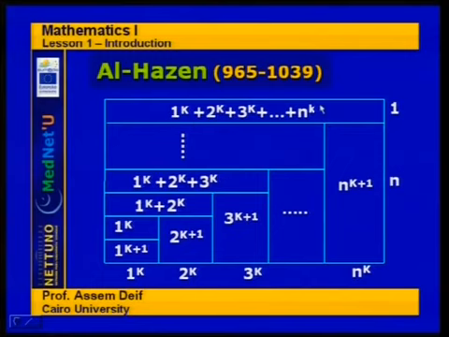And in fact, Alhazen was able to reach identities of powers more than 1.